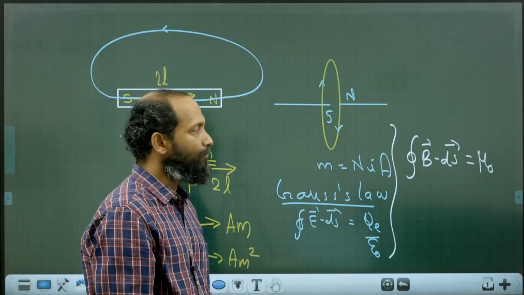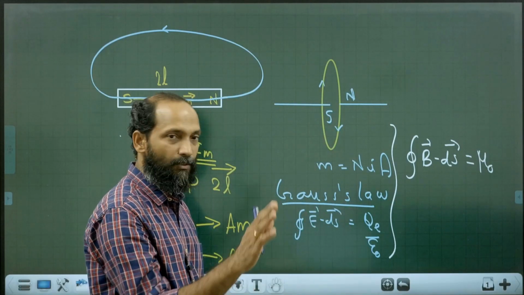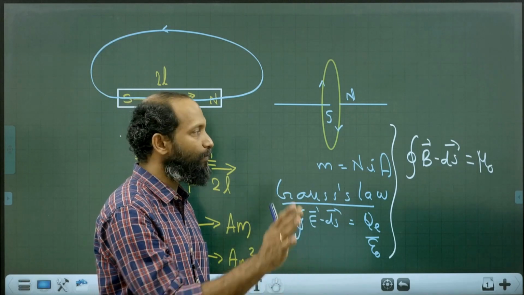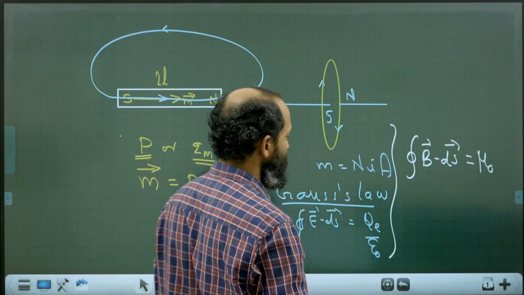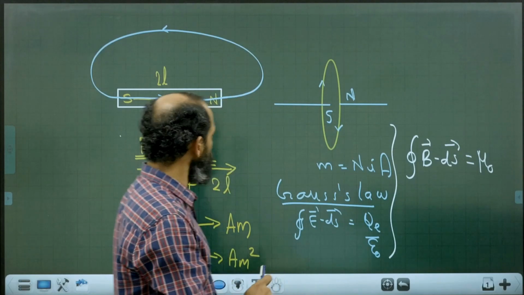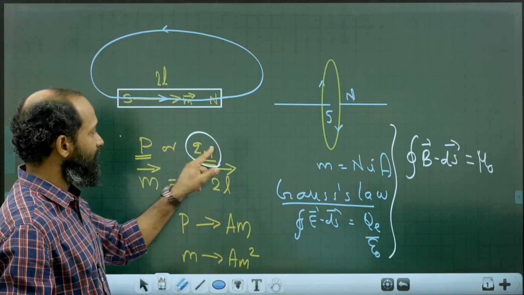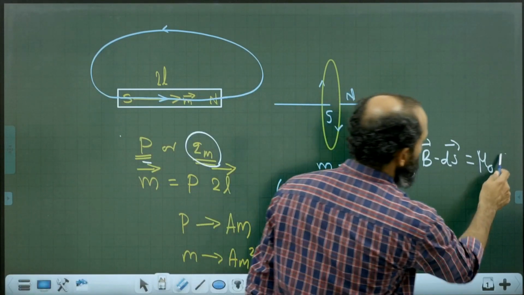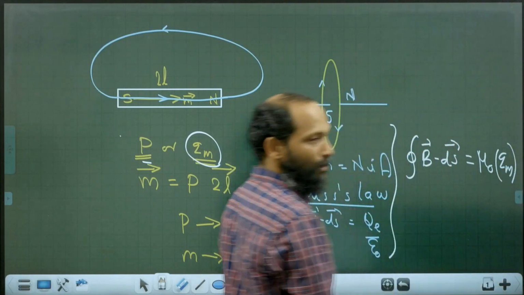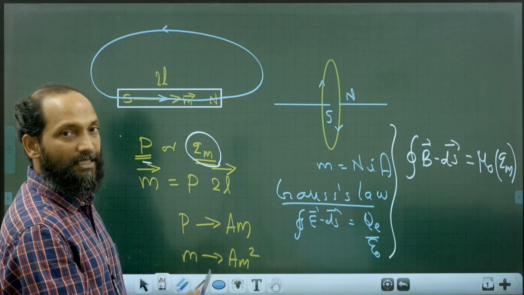When you transit from electricity to magnetism, the constant 1 by epsilon 0 should be replaced with mu 0. That also may be asked in exam. Times charge enclosed should be replaced by this magnetic charge or pole strength. So I am writing magnetic charge enclosed. Okay, this is the expected one.